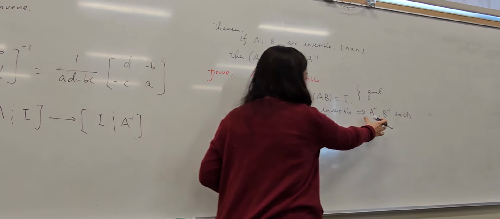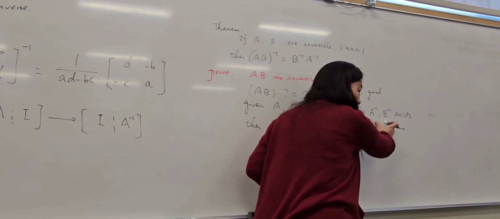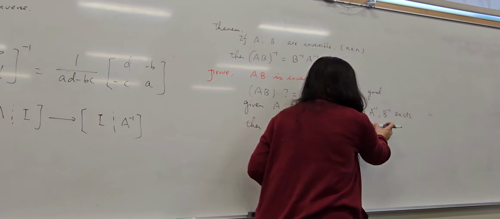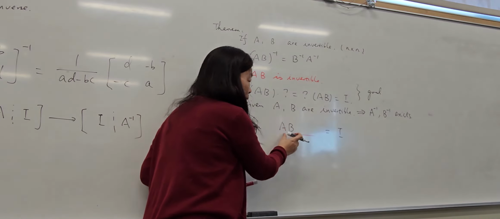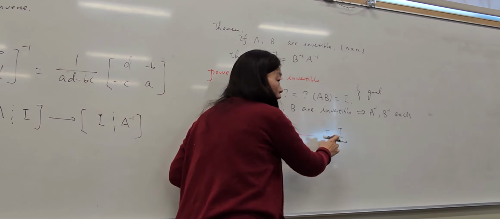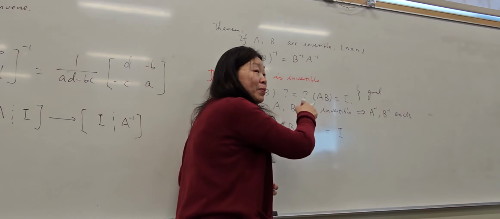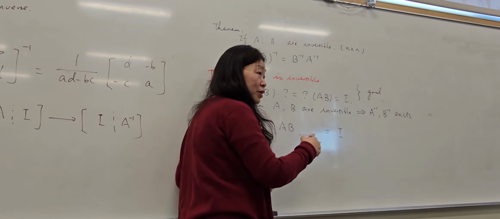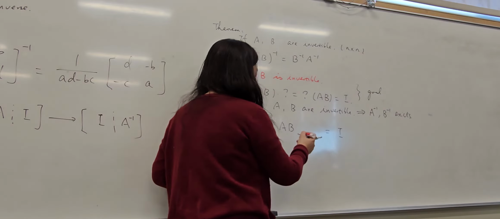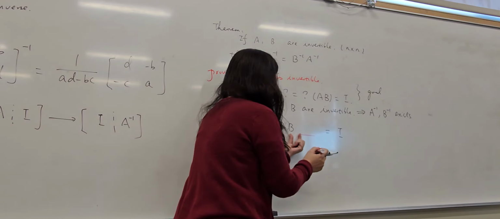Can you tell me what I fill in there? If these two exist, you can use them, because they exist. AB multiplied by who will give you I? Anyone? If you made a mistake, don't worry about it. That's why I'm here to help you.